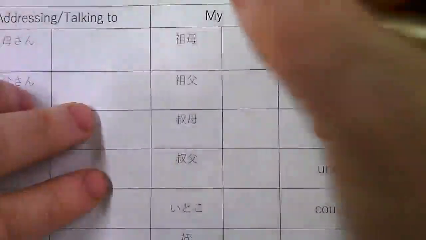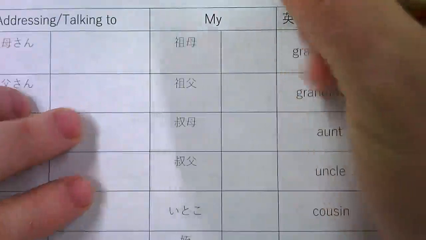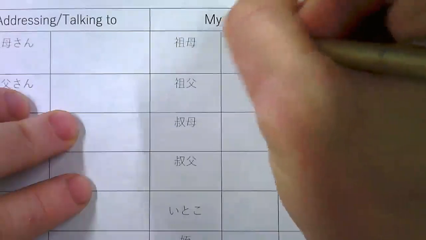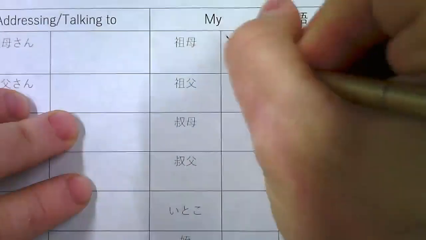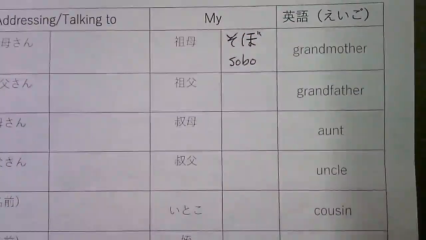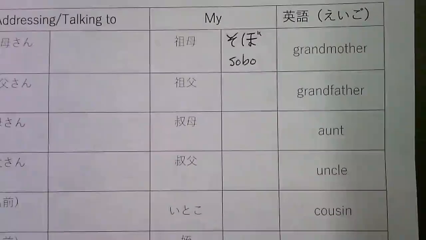So if it is my grandmother, we say sobo. Sobo, my grandmother.